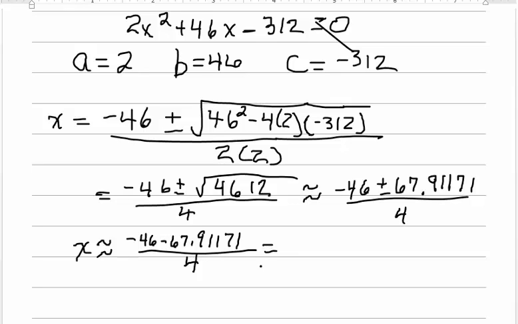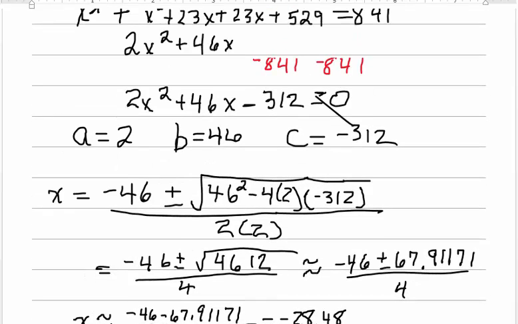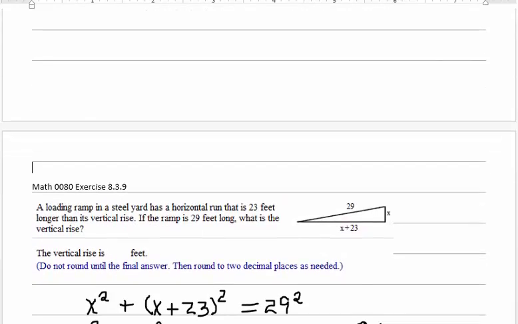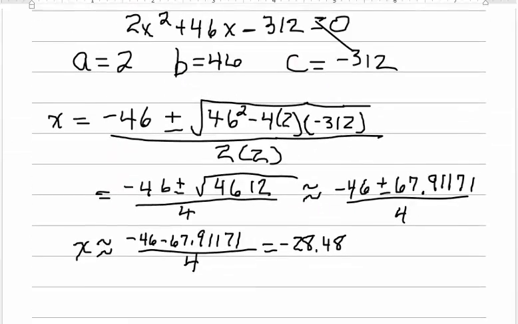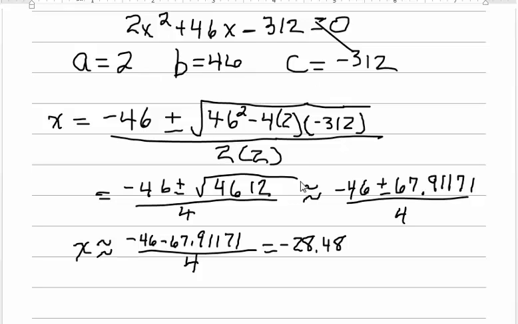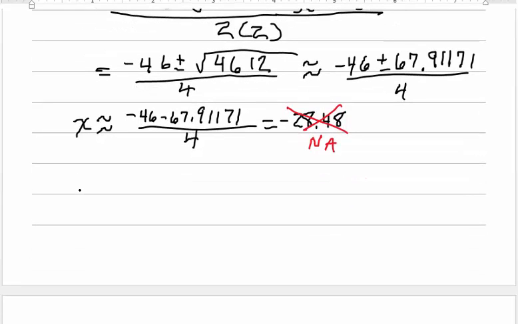The result is a negative 28.48. And that doesn't make any sense, because remember that the x is the rise on the ramp. So this is not applicable for the problem. It solves the equation, but it doesn't make any sense for this application problem.